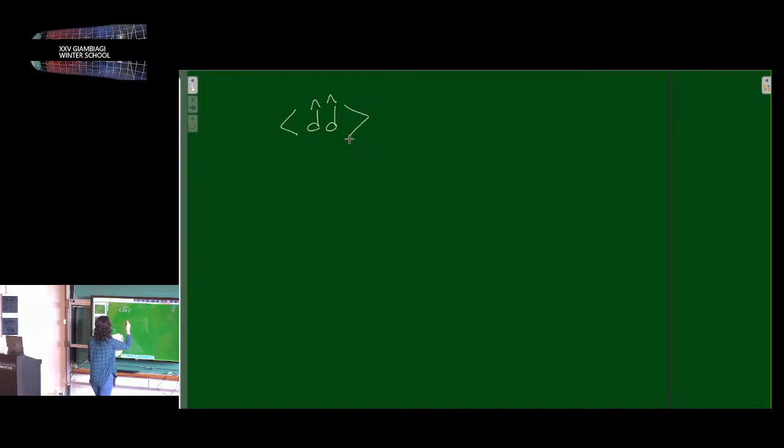The variance will be the sum over i and the sum over j of w_i w_j C_ij, plus some Lagrange multiplier times the sum over the weights minus 1. Here I'm enforcing the condition of this full estimator being unbiased.